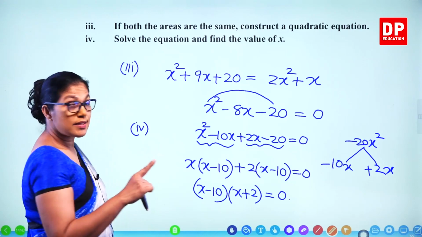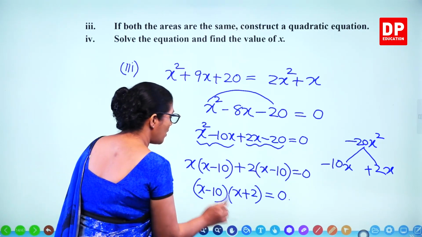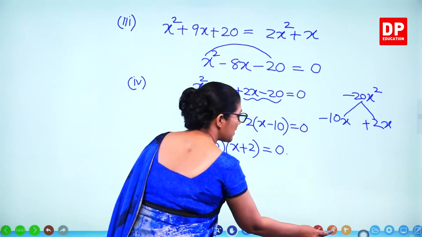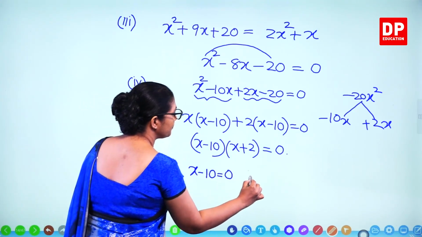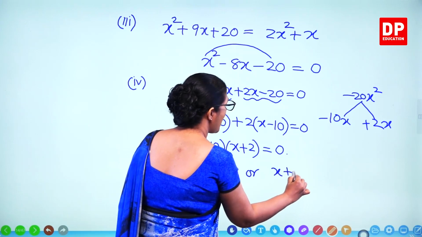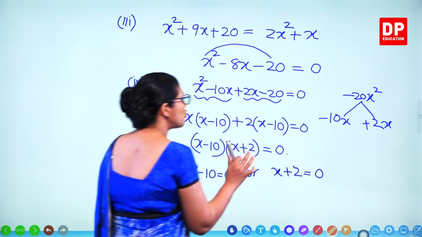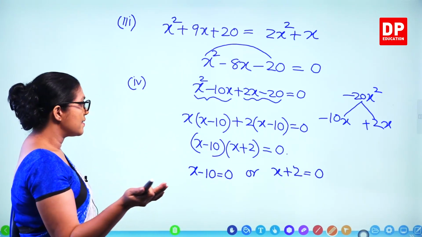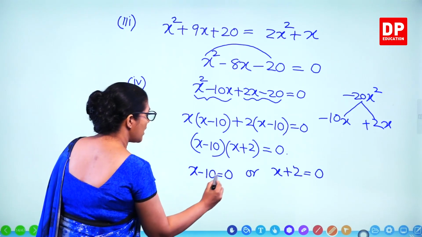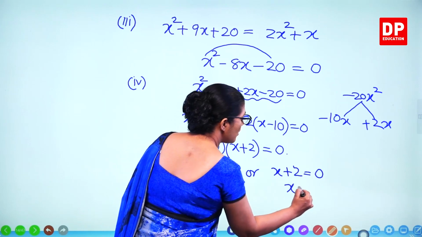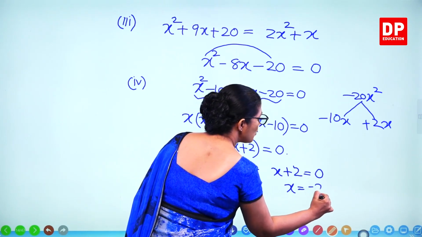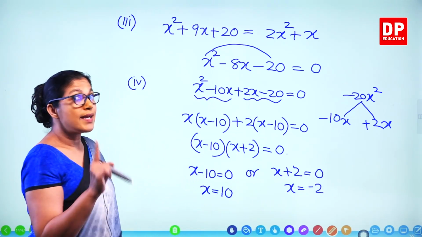So the product of the factors is 0. When the product is 0, each factor can be 0, because for the final answer to be 0, one of them should be 0. When you take minus 10 here, you get 10. And this one, 2 becomes minus 2 when you take it to the other side. But x is a length.